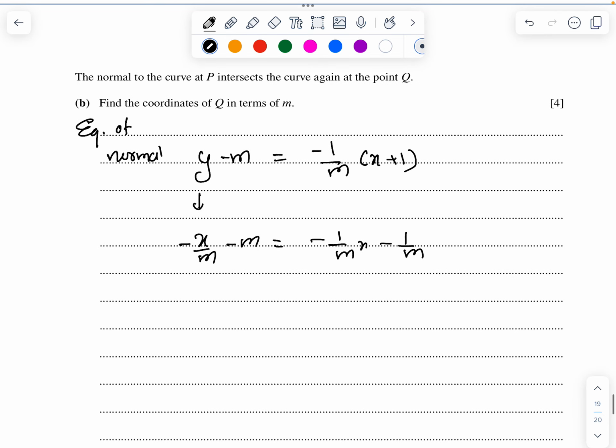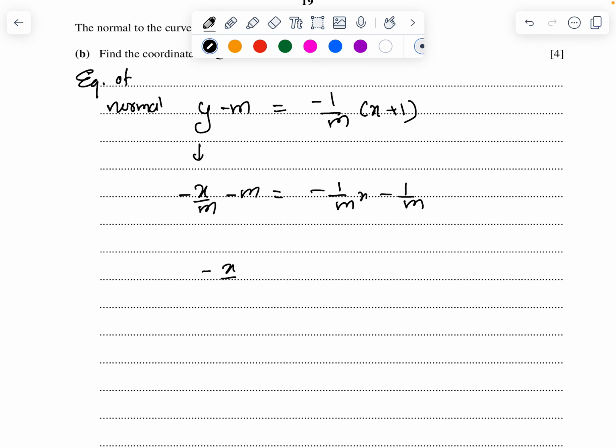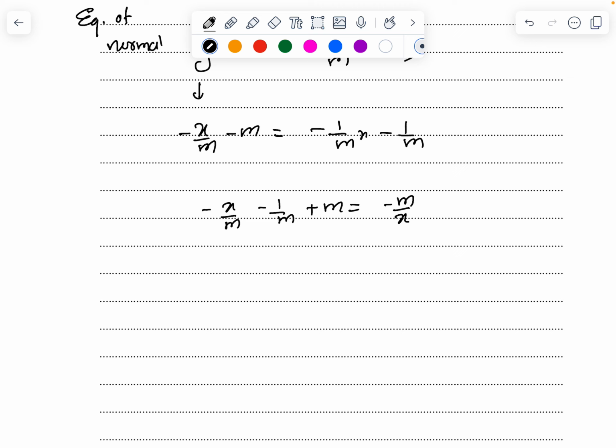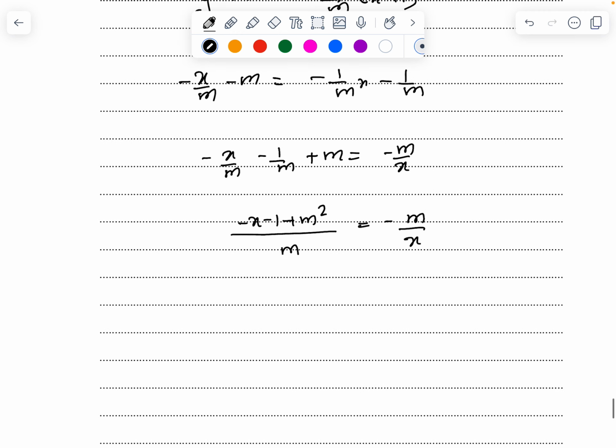So he's asking the equation of the normal to the curve at P intersects the curve again at Q. So I'm going to get another equation over here. When I try to solve it, I get minus x upon m minus 1 upon m plus m equals minus m upon x. Then do the common denominator m, minus x minus 1 plus m square equals minus m upon x. So cross multiplication, minus x square minus x plus xm square equals minus m square.